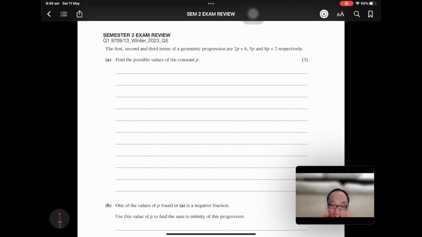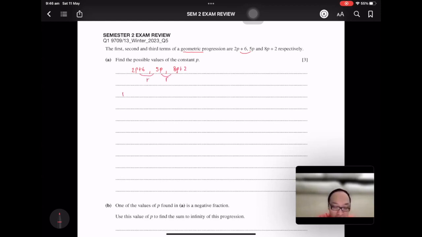Since this is a geometric progression, the ratio between the terms are equal. So 2p plus 6, 5p, and 8p plus 2 will have the same ratio.